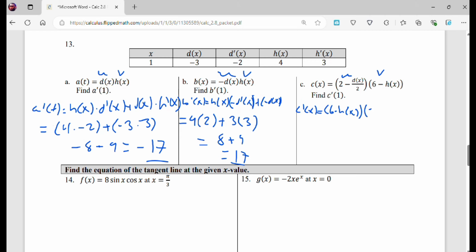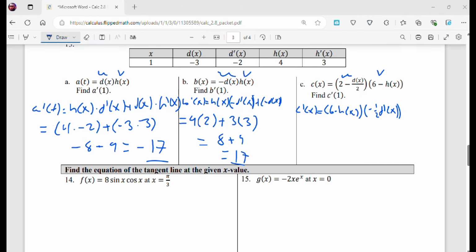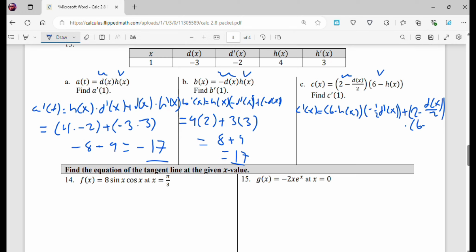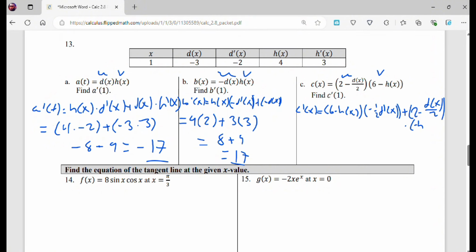So that's going to be negative 1/2 d prime of x, plus 2 minus d of x over 2 times v prime. So no 6 there. It's just going to be negative h prime of x.